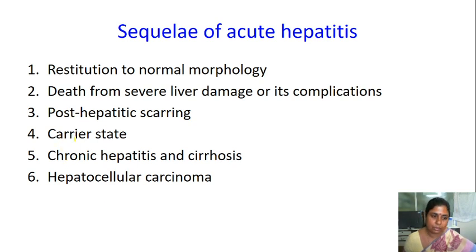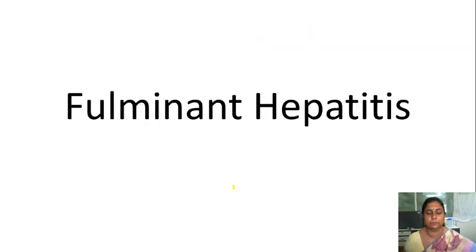And then you also have a carrier state, a chronic hepatitis and cirrhosis stage, post-hepatic scarring, okay. Chronic hepatitis means nothing but acute hepatitis with the features of scarring which is occurring continuously, and when this ends up in cirrhosis, the patient will again have chronic liver failure, okay. And in some patients, these patients can have hepatocellular carcinoma.